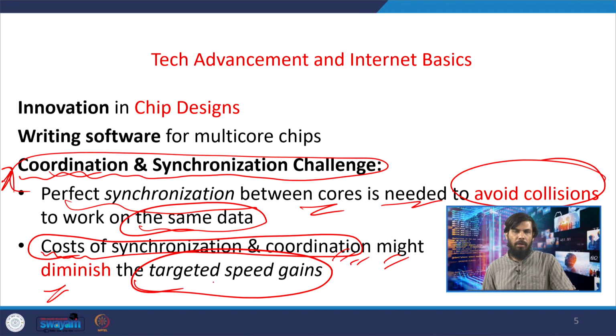If the steps that you could parallelize were very few, and you balance the targeted speed gains from those few parallelizable steps against the cost of synchronization and coordination, then the whole thing might diminish. So the targeted speed gains that we might get are diminished.